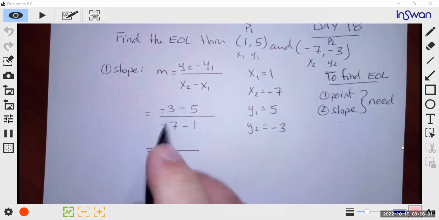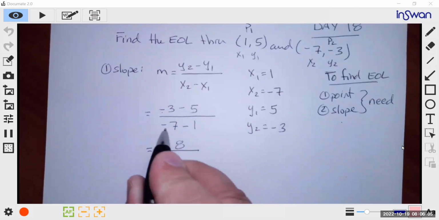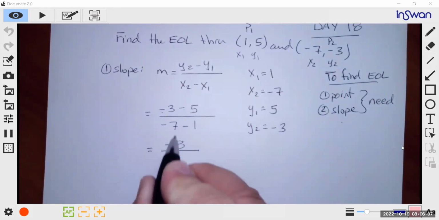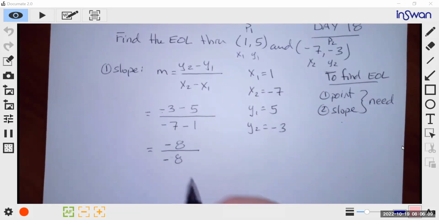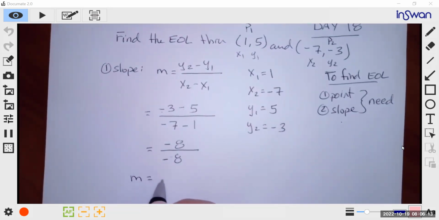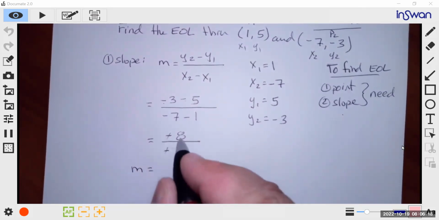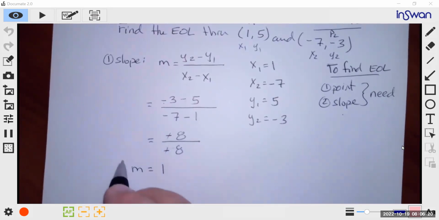In the top, they're both negative, so the answer is negative. Add the numbers. 5 plus 3 is 8. Same on the bottom. They're both negative. Add the numbers. 7 plus 1 is 8. The negatives cancel. 8 divided by 8 is 1. So the slope is 1.